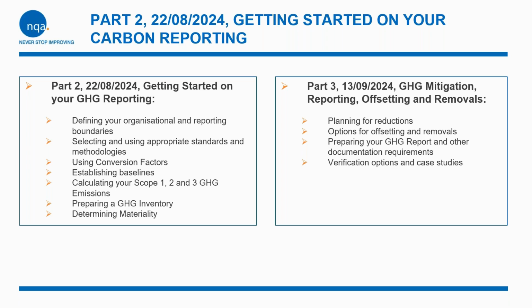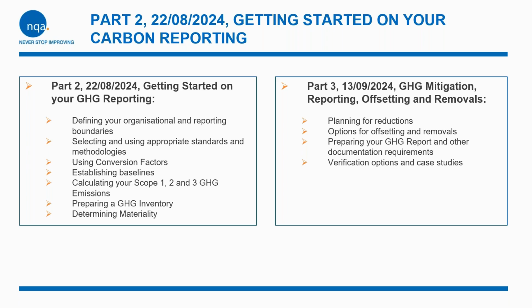Key to any carbon quantification process is defining exactly what it is that you're reporting, drawing a boundary around your own organisation and drawing a boundary around exactly what you're going to be reporting on. So we'll start with that.